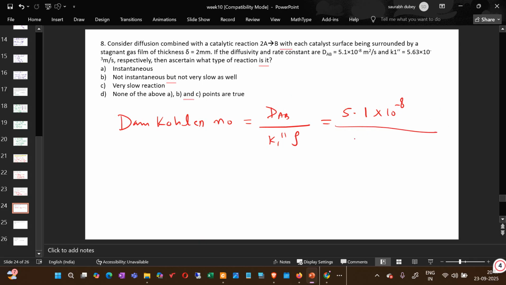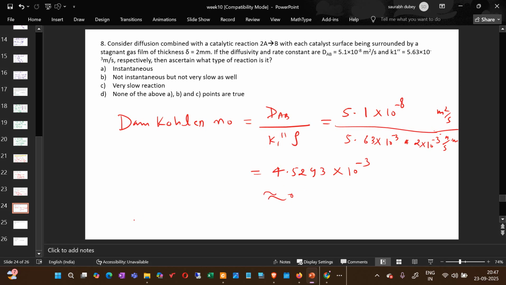Viscosity and rate constant. Meter square per second is at the top, and here it is meter per second. So it will give out 4.5293 into 10 to the power minus something. So what is it? It is close to zero.